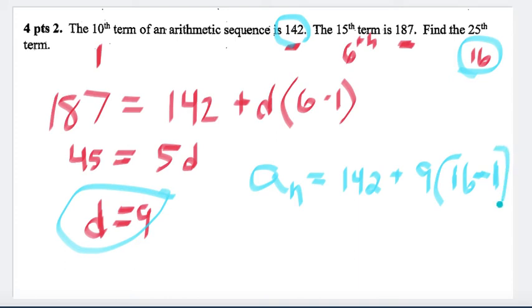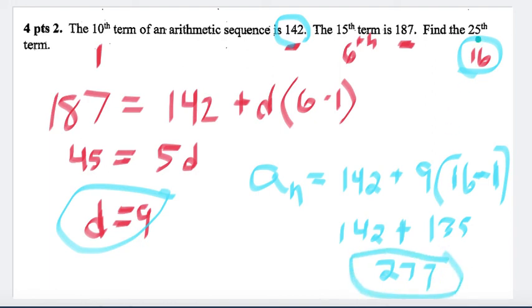Still using that same equation. 16 minus 1 is 15. 15 times 9 is 135. I'm not showing my work, but trust me, 135. You can't use a calculator in this round. 142 plus 135 is 277. That is my answer to the 16th term in my sequence, which is the 25th term in the original sequence.